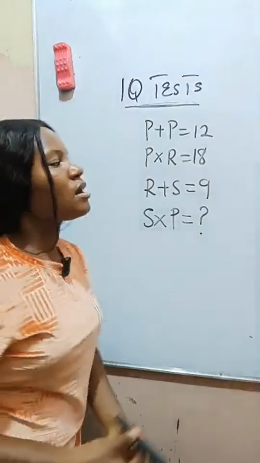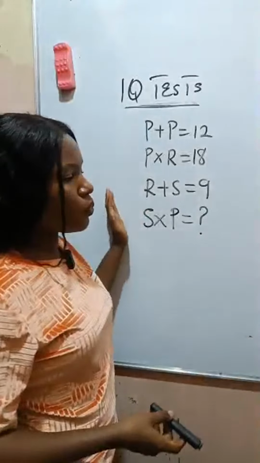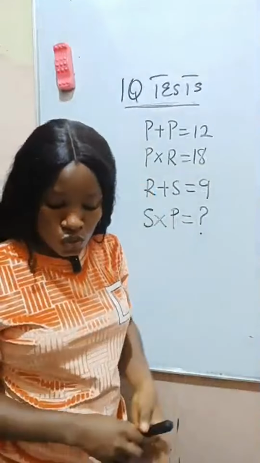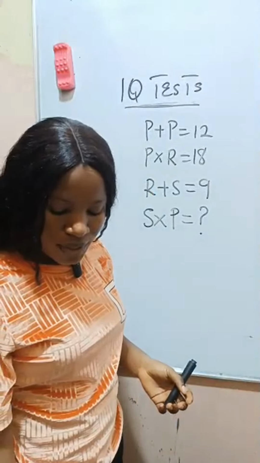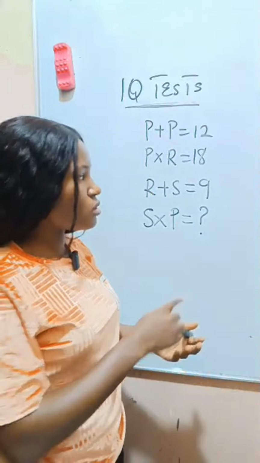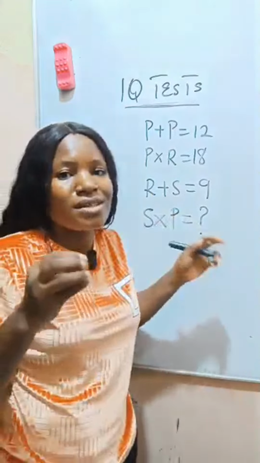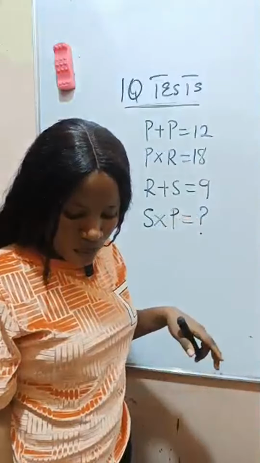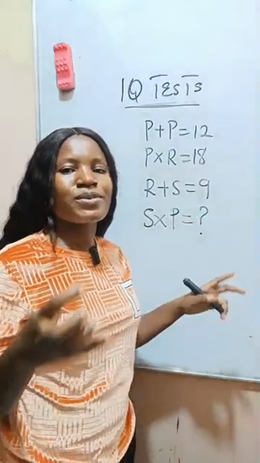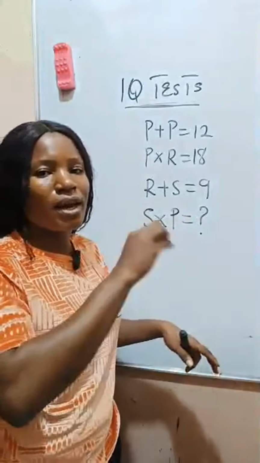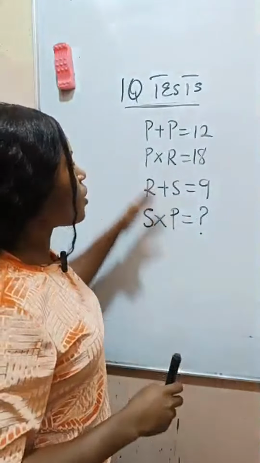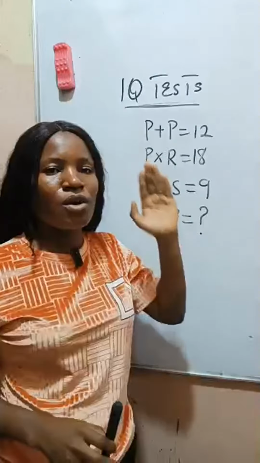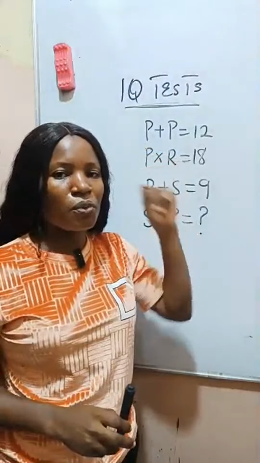I said, whenever you have a system of equations, the first thing you should do is look out for the weakest equation among all the equations, the one that when you look at it, you can tell what the variable is. That is where you start to solve.